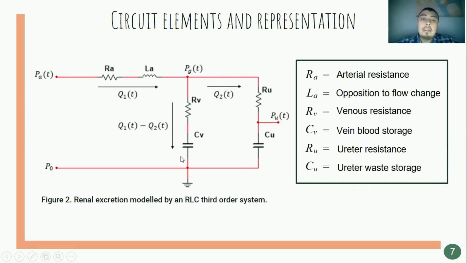The flow passing through the vein is represented by Q1 minus Q2, where it first passes through the venous resistance, and then there is the vein blood storage represented by the capacitor CV.